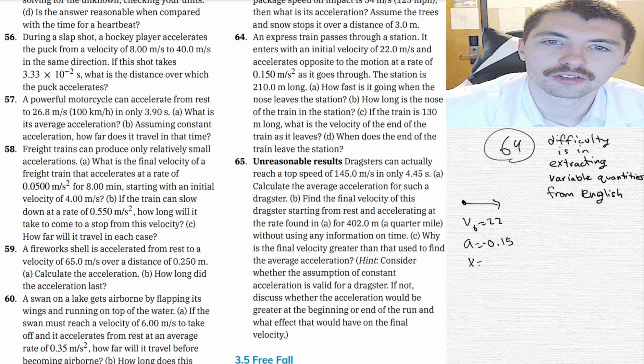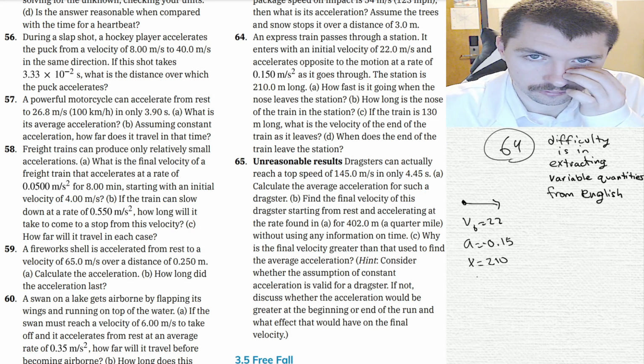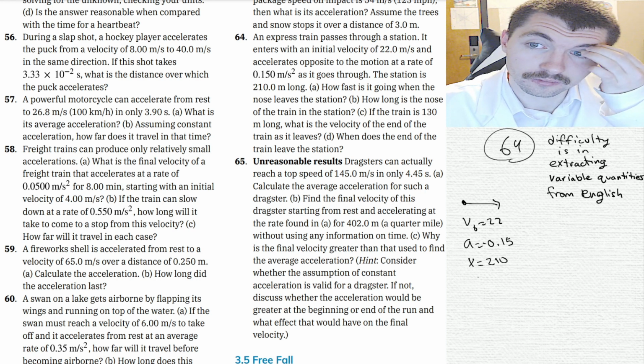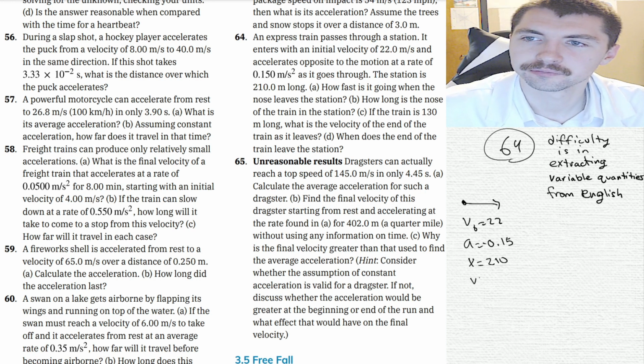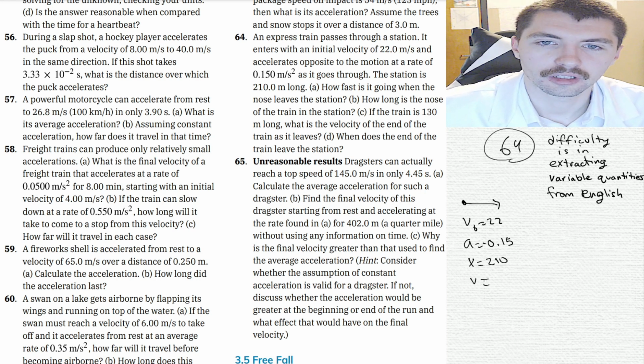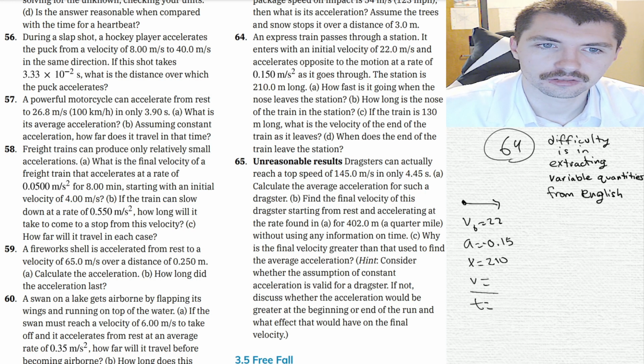So X is 210. Solving for V. Okay, and then we're solving for T, given that the train is 130 meters long.